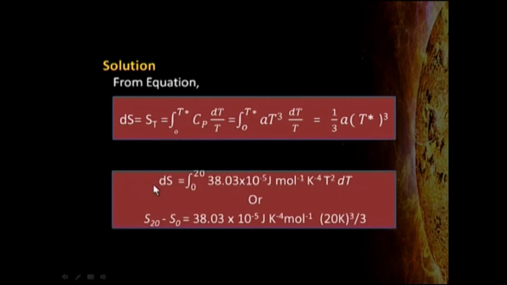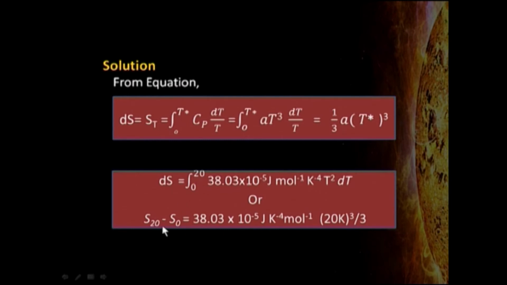As T star is 20 Kelvin, therefore, dS will be equal to the integral of 38.03 into 10 to the power minus 5 joule per mole Kelvin to the power minus 4 T square dT within the limits 0 and 20.